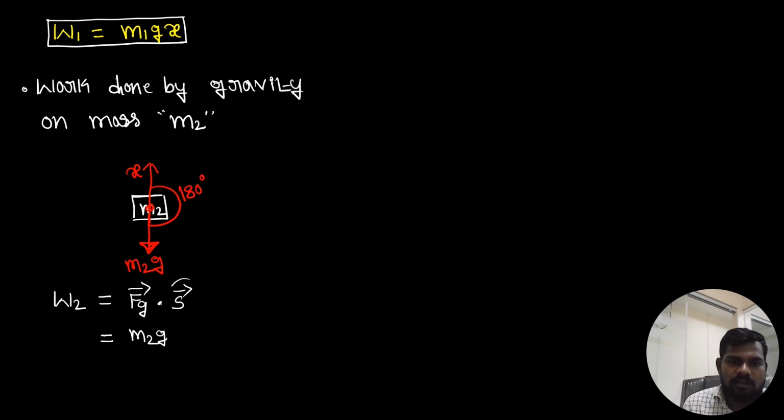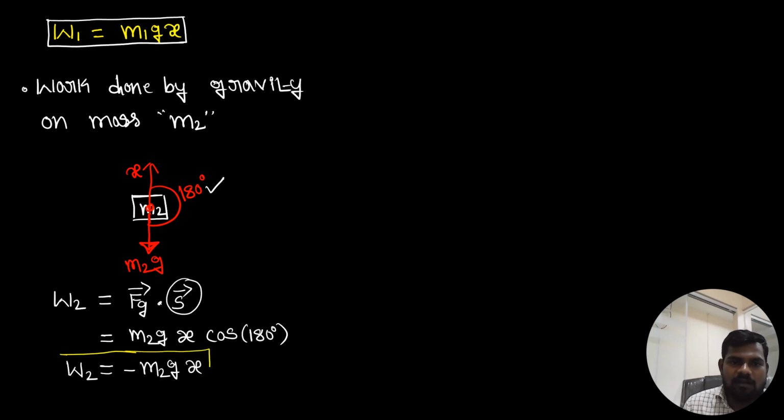S is the displacement that has happened, which means x cos 180 degrees. Cos 180 value is -1. So it is minus m2, acceleration due to gravity, into displacement. This is the work done by gravity on mass m2.